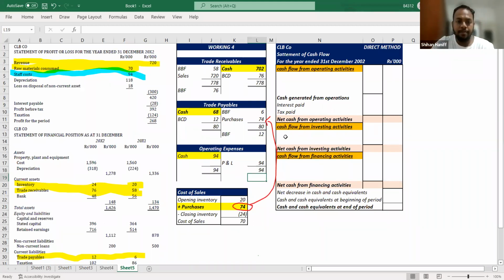That's it. Then you can find the receipt from debtors, paid to creditors, expenses paid, interest paid, and tax paid. Interest paid and tax paid already we calculated from the previous example. We did working number 2 and 3. And those workings will come as it is.